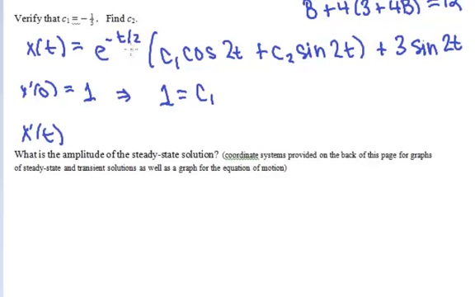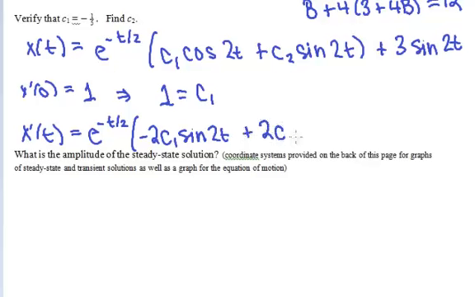So I would have first times the derivative of the second. So the derivative of cosine is negative sine, and I'm getting a 2 out in front. So negative 2c1 sine 2t. And the derivative of sine is positive cosine, and a 2 comes out in front, so plus 2c2 cosine of 2t.